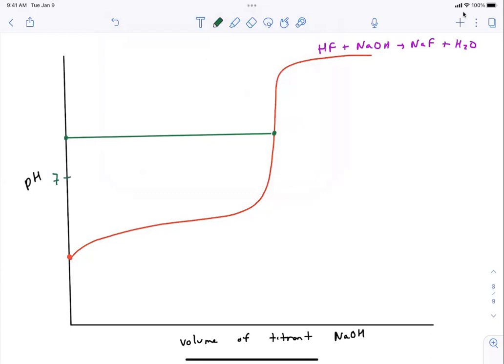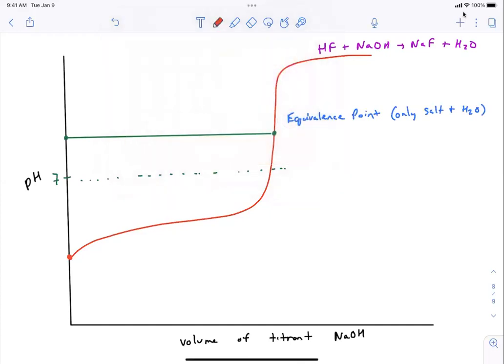So notice that I've drawn that here. The equivalence point is where there is only salt and water. So you've neutralized all your acid, you've neutralized all your base, all you're left with is salt and water. So you've got ions and water, essentially.